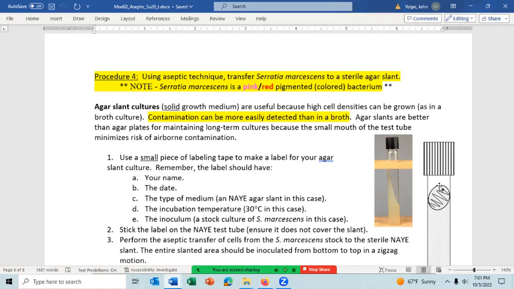Contamination will be easier to see on a slant because if anywhere on the streak it is not a reddish color, which is the color of Serratia marcescens when grown on a slant, then you know you have a contaminant. Like if this region right here was white or off-white or any color other than reddish, then you know you have a contaminant right there.